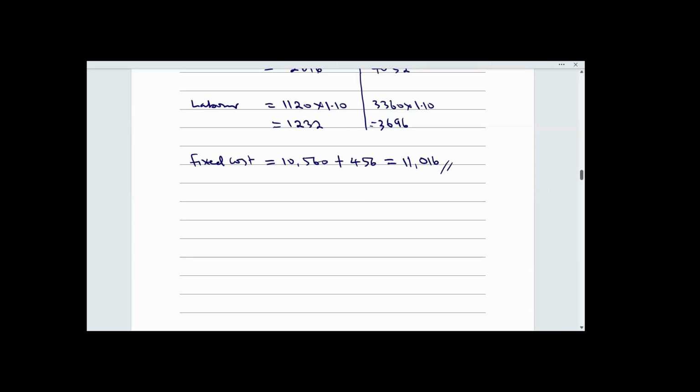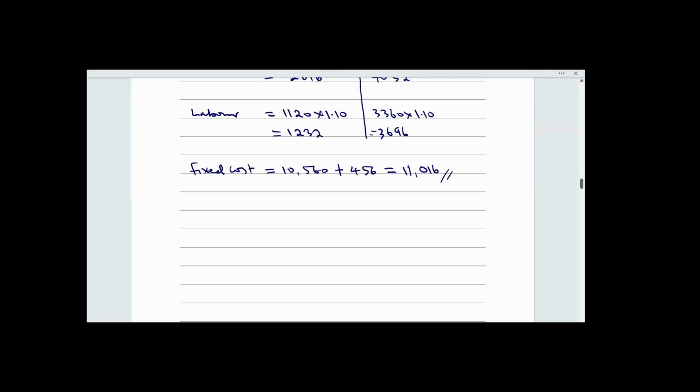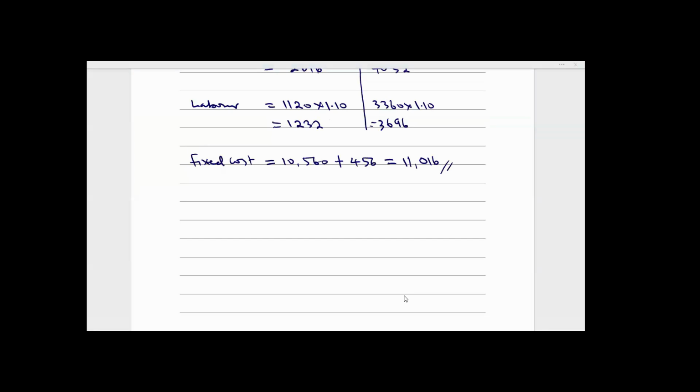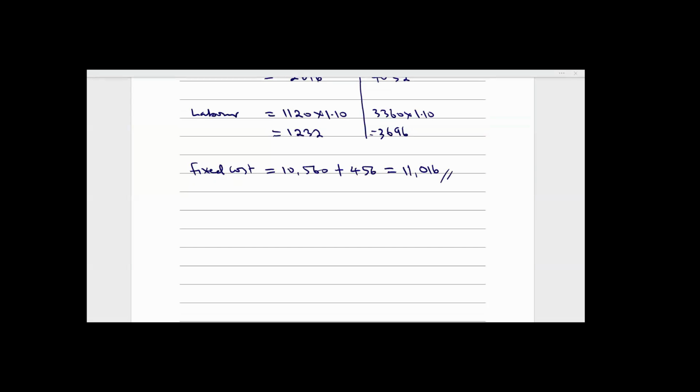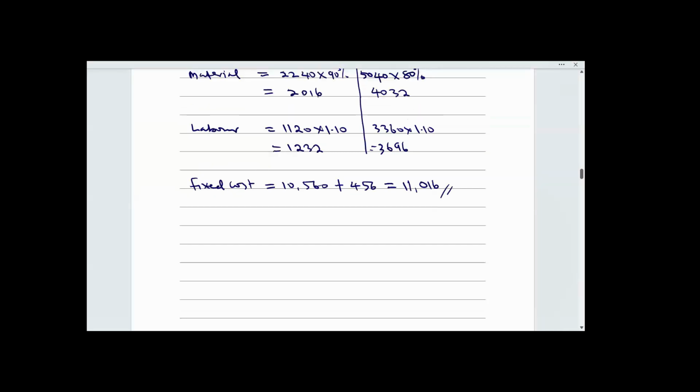Then the next item. Yes, we also need to calculate contribution margin. Since the variable cost has changed, then contribution will also change.